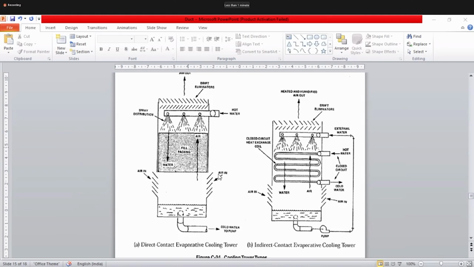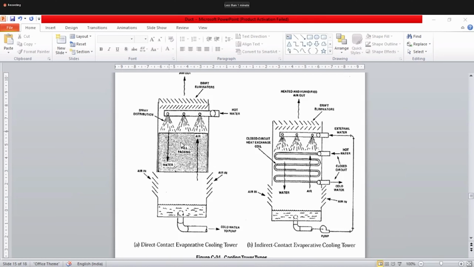So what happens here? Here there is one baffle type, which you can see in this cooler, the home cooler. We are just putting hot water on those coils, where small pores will be there.